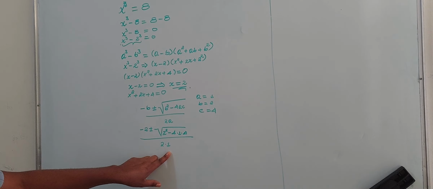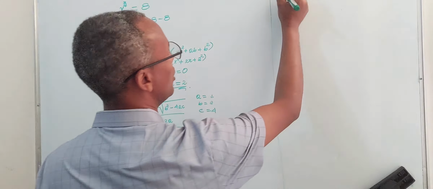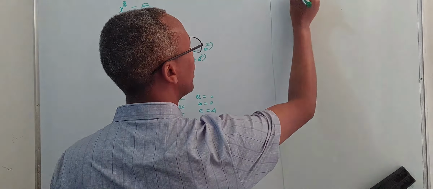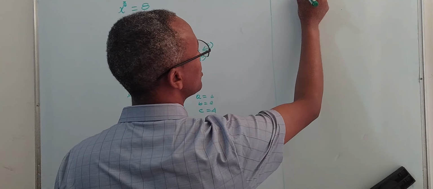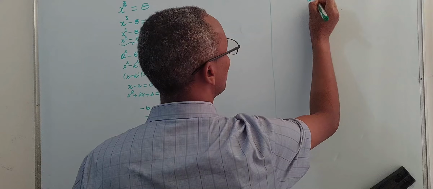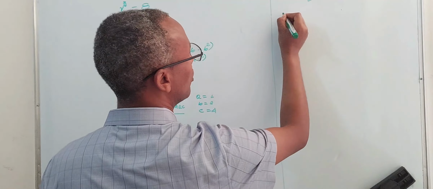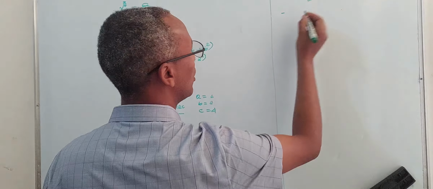Now let's move over there. Let me rewrite over here: minus 2 plus or minus the square root of 2 squared minus 4 multiplied with 1 multiplied with 4, upon 2. Now you can multiply all terms.